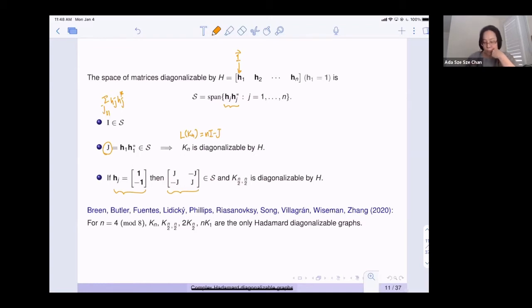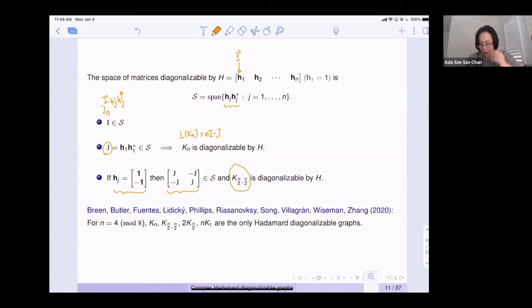So basically we can recover the Laplacian matrix of the complete bipartite graph. So the complete bipartite graph with half the vertices on one side is diagonalizable by the complex Hadamard matrix, as long as we can find one column with entries only plus or minus 1.